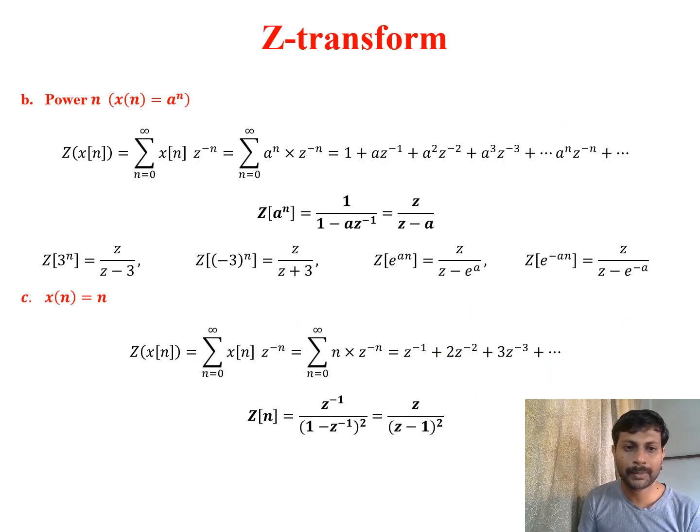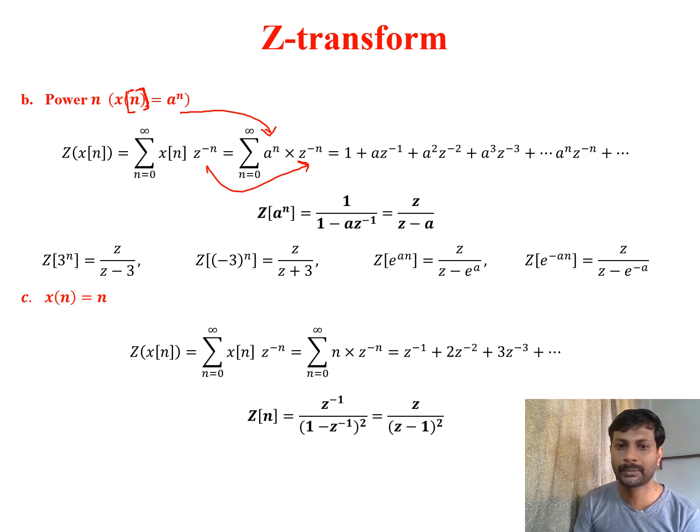Then the power series. If x[n] equals a to the power n, there is a small mistake. Let us consider that this is a discrete time signal, so x[n] equals a to the power n. The Z transform of x[n] is x[n] times z to the power minus n. Since the value of n starts from 0 to infinity, the first term will be 1, then a z inverse, and so on.